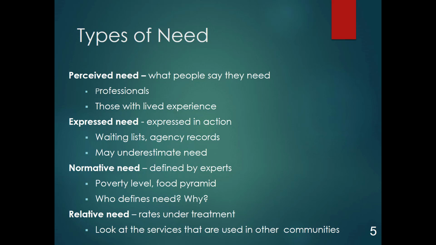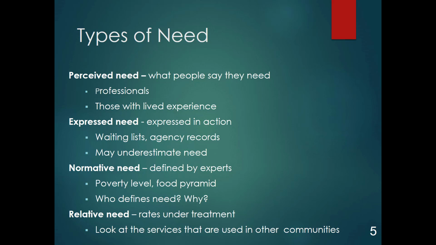So, with relative need, it's basically comparisons with similar populations of what they indicate is a need. This approach is sometimes what we call rates under treatment. So, for example, if most communities of about 50,000 residents have at least one group home for individuals with developmental disabilities, it may be reasonable to assume that my community of 50,000 people needs a group home.